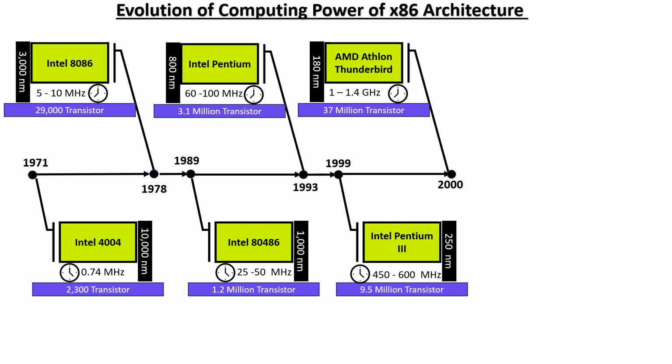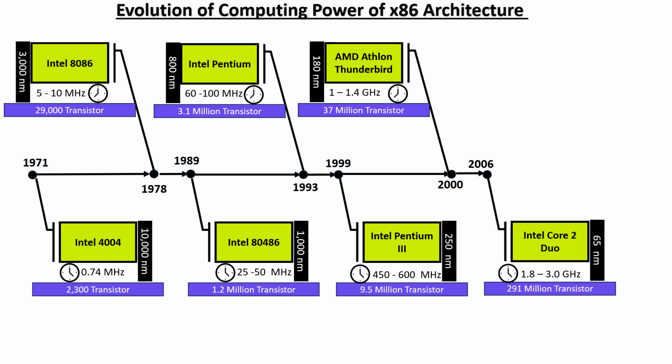So gradually the workability of the size reduced over time. Number of transistors are increasing, clock speeds are increasing, which is enhancing the overall computing power of these laptops and desktops.